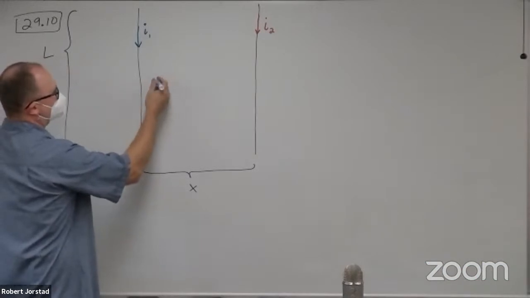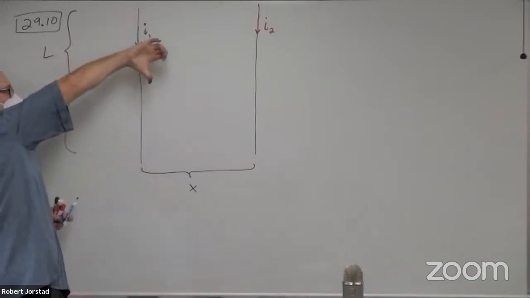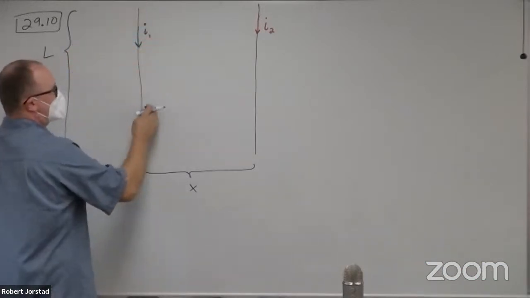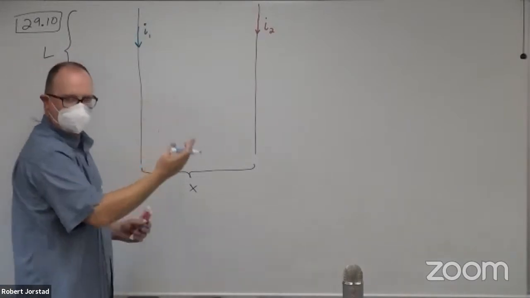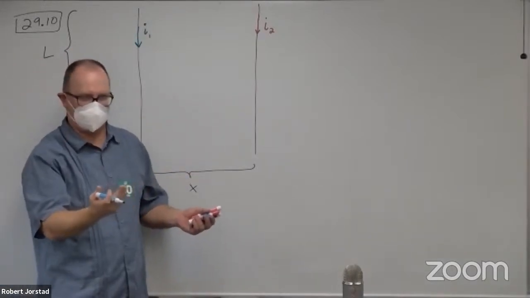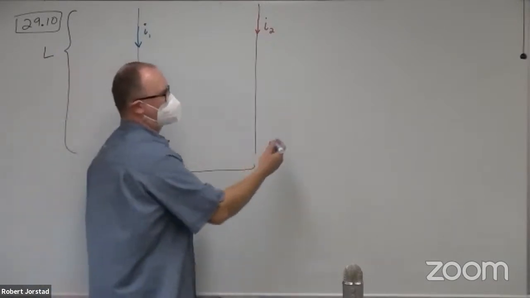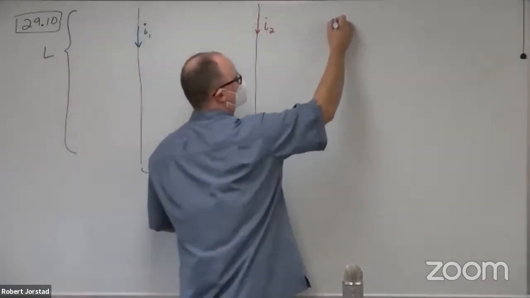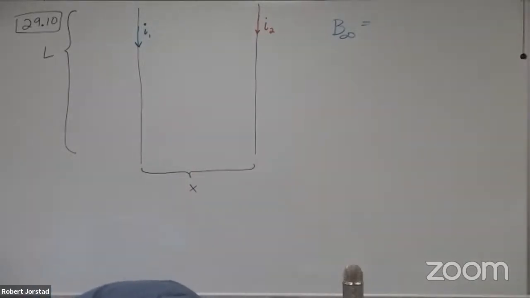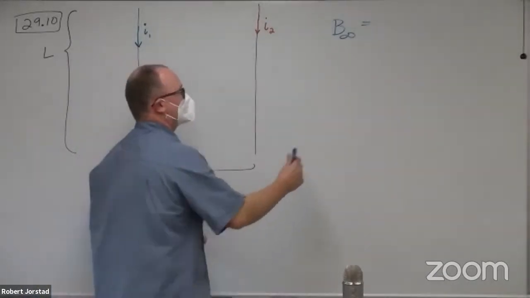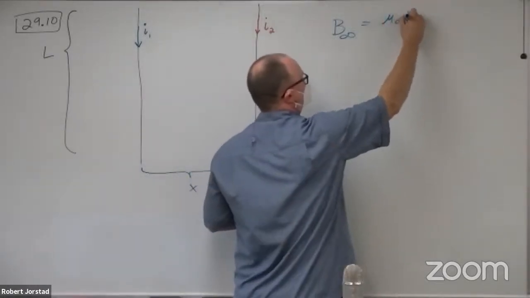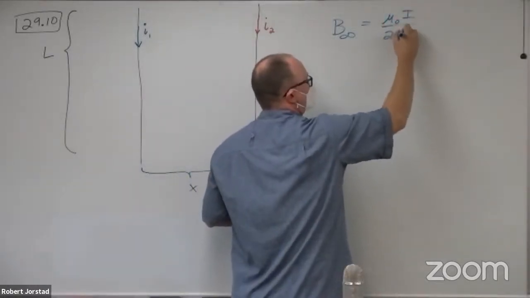Out of the page. Is the B field going to be uniform in strength, or will it be changing? Does anybody know an equation for an infinite wire?